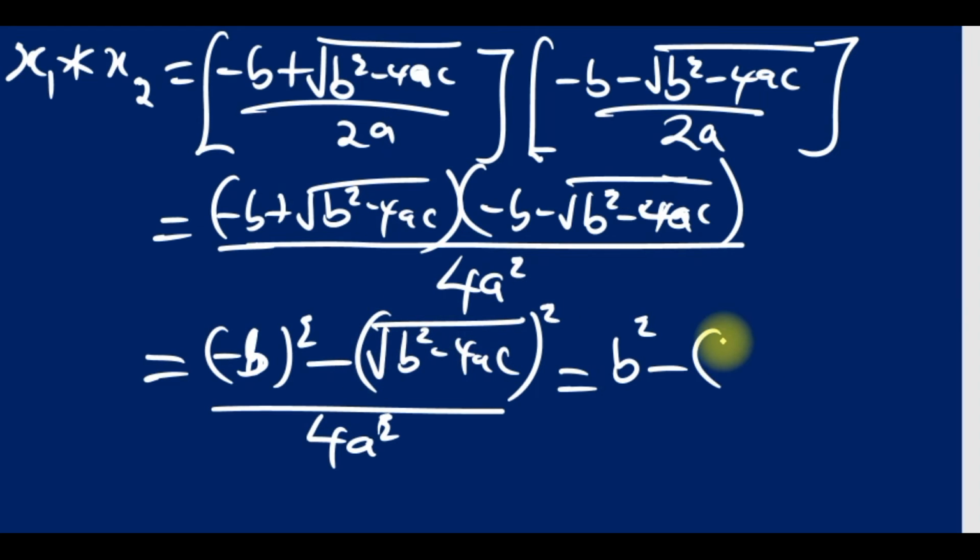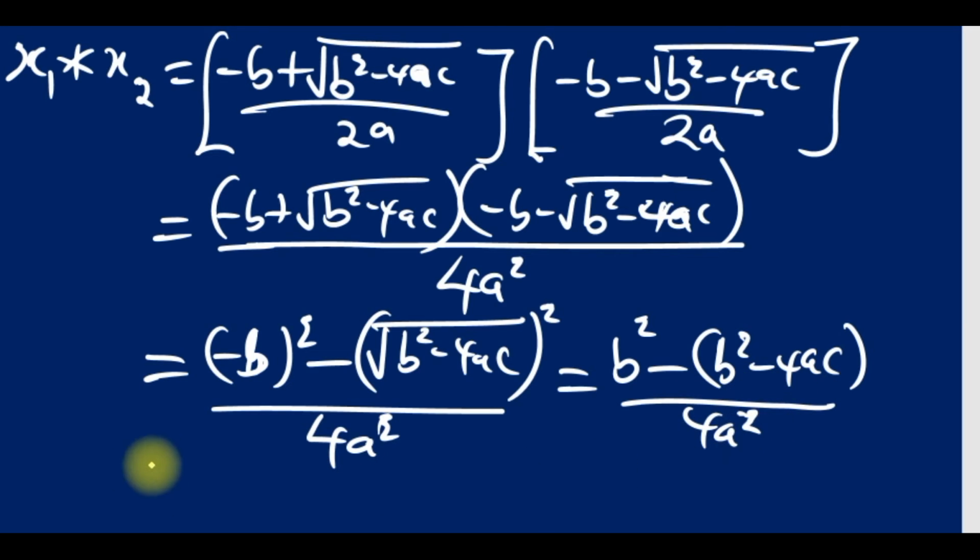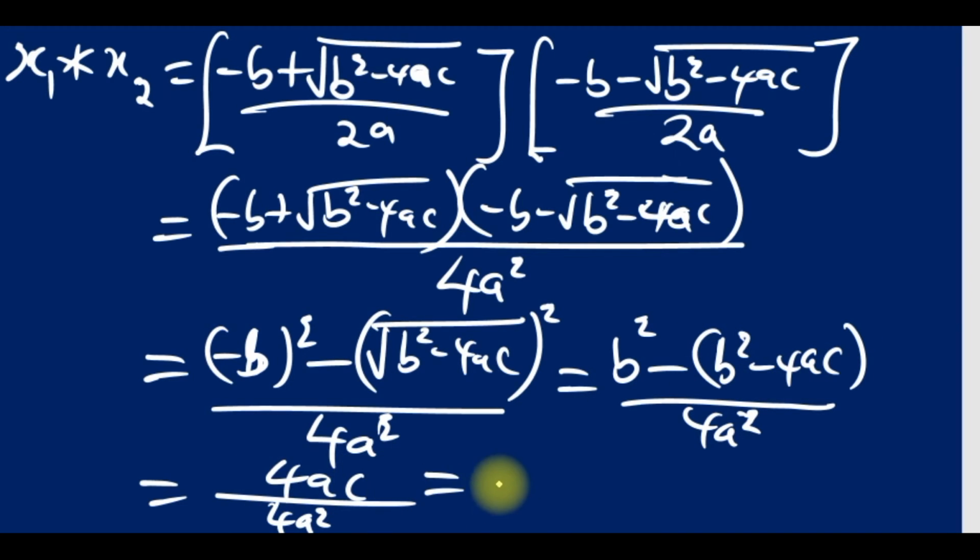So we have b squared minus b squared minus 4ac over 4a squared. b squared minus b squared is 0. So we are left with plus 4ac over 4a squared, which is c over a.